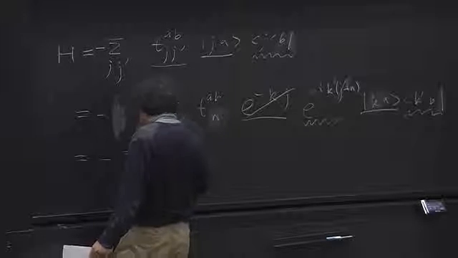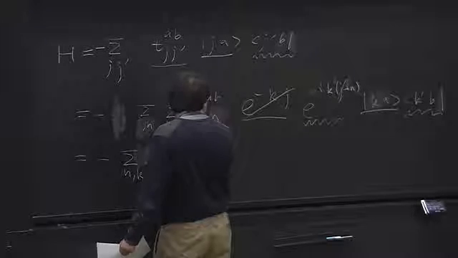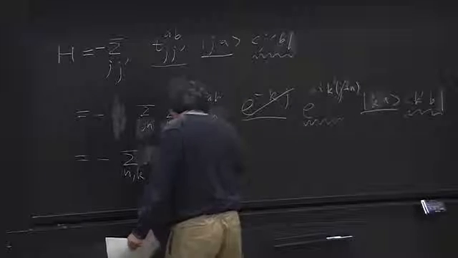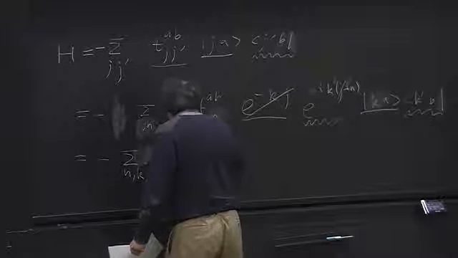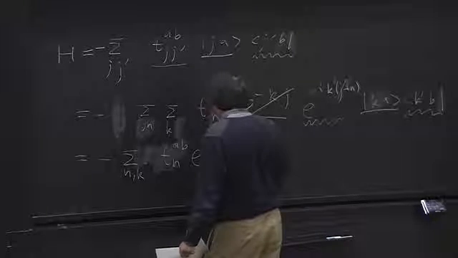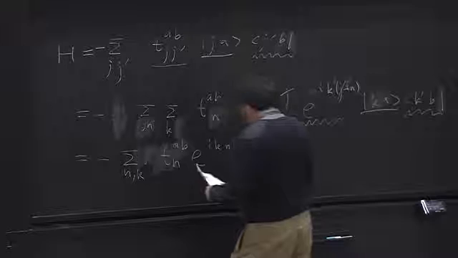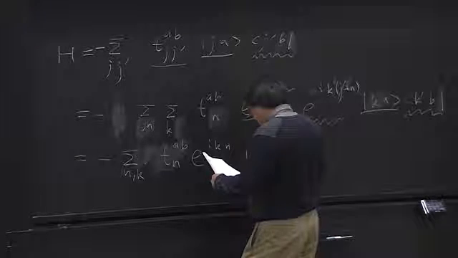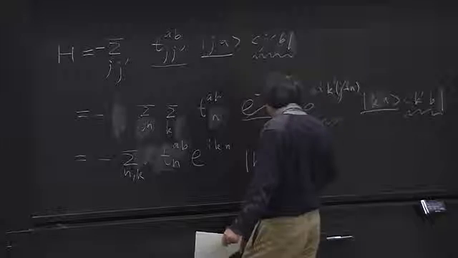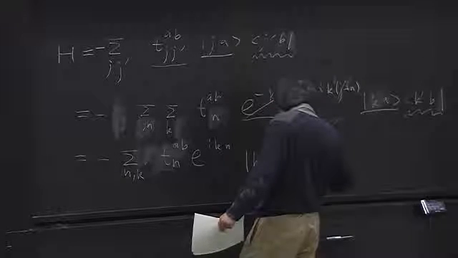Sum over n and k, and just e to the i k n, sorry, T_n^{AB} e to the i k n and k_a k_b.